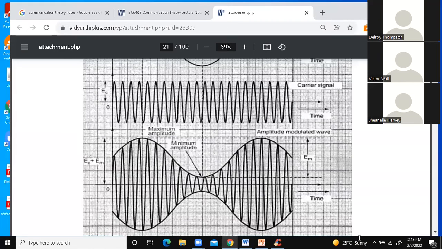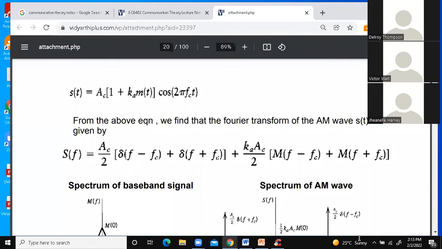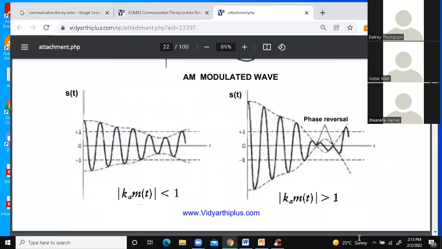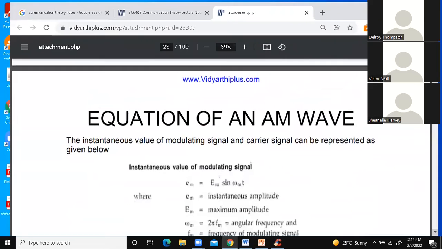Let's say again, when KAMT is less than 1, right? And when it's greater than 1. All right.